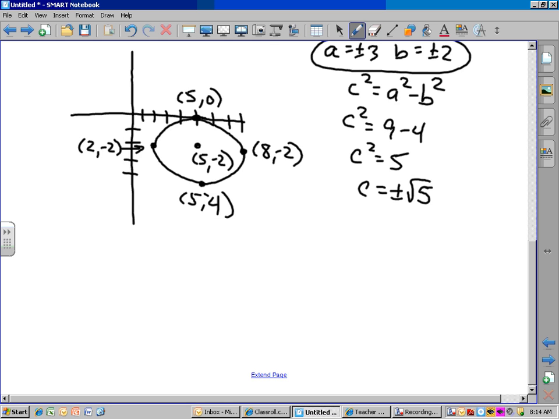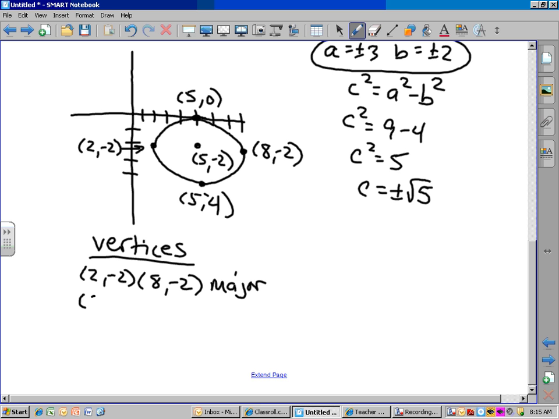So the vertices, we can just list them all at one time, are going to be 2, negative 2, 8, negative 2. Those are the major. Minor is going to be 5, 0, and 5, negative 4.